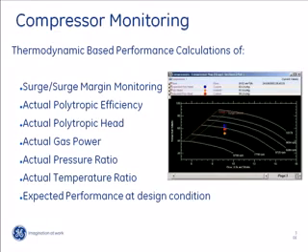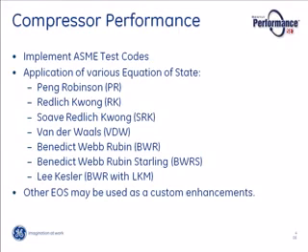At the same time, this information is displayed to the user on a unified display screen in comparison with expected equipment performance level at design condition. In the Bentley Performance calculation engine for process compressors, we implement the industry-accepted ASME test codes.